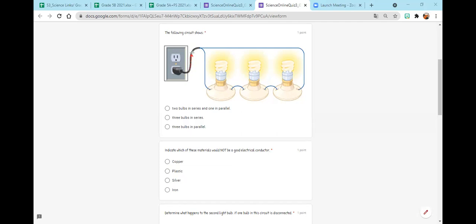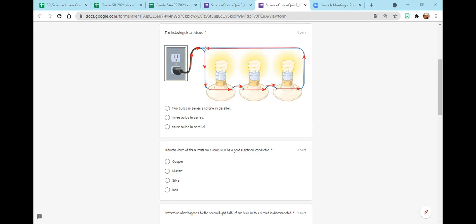The electric current leaves the source of electricity and moves in this circuit. It passes through the first one, then through the second one, then through the third one, and back to the source of electricity.